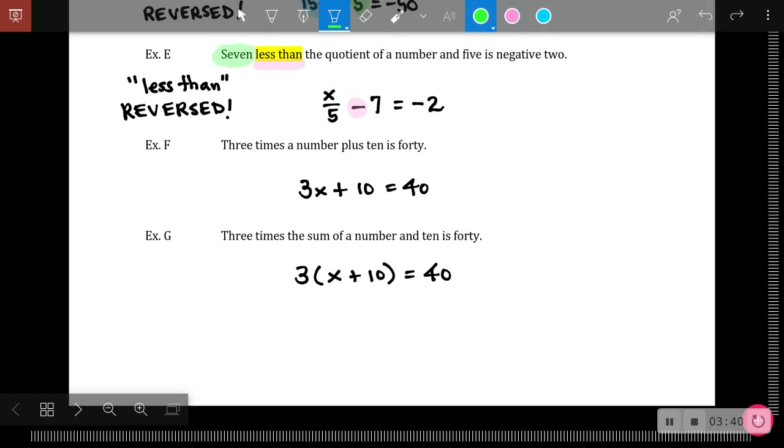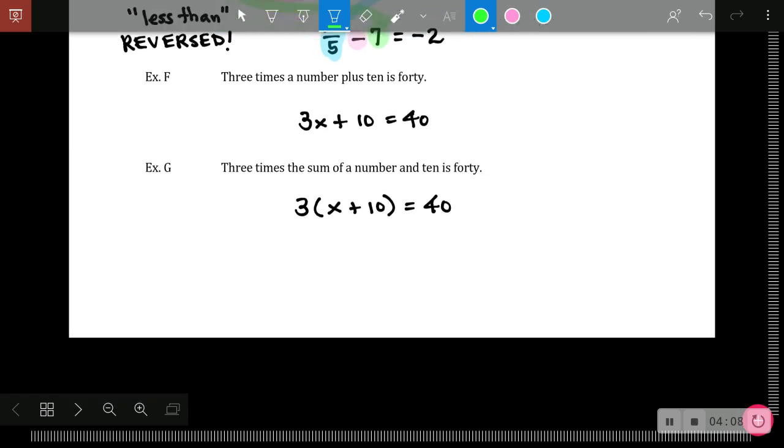The 7 that precedes the less than phrase in the original sentence has to follow it when you put it on paper. And likewise, the quotient of a number and 5 has to go in front. So you have to switch the order in which the original problem was presented to you. Okay, then it just says equals -2. It says is -2 in the original problem.